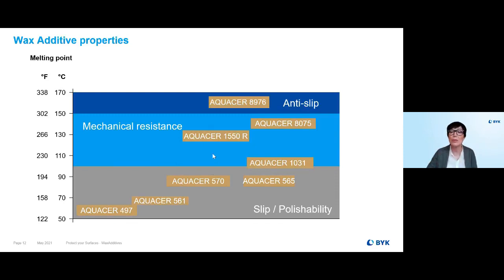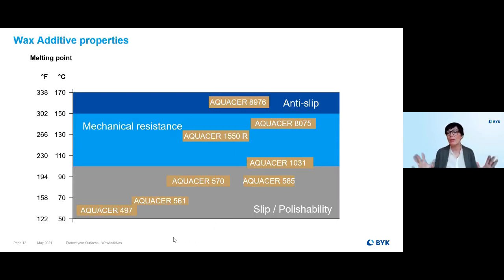The 1031 low-density polyethylene, as I said, is on the borderline. We have a product which is based on polyethylene containing PTFE. PTFE has no melting point, so that's the reason why you find the product here. And with the Aquacer 8075, you have the perfect wax for mechanical resistance on floor polish, foot traffic resistance, and the 8976, obviously, is a polypropylene wax for the anti-slip properties in floor polish as well.